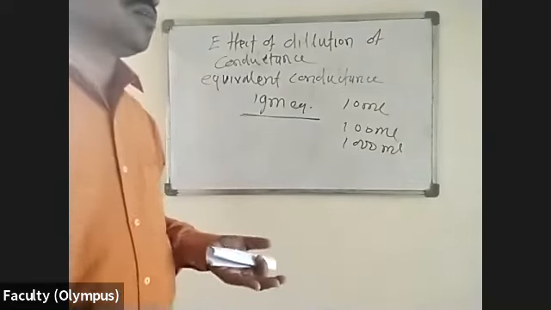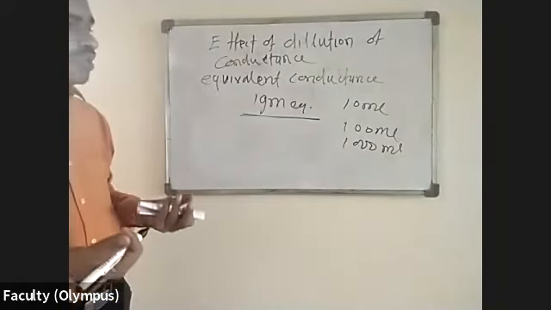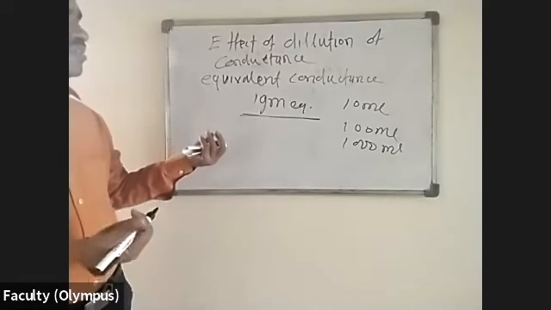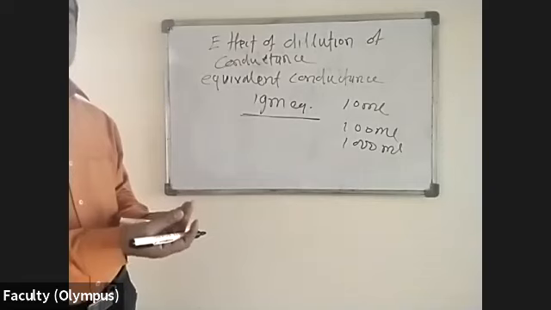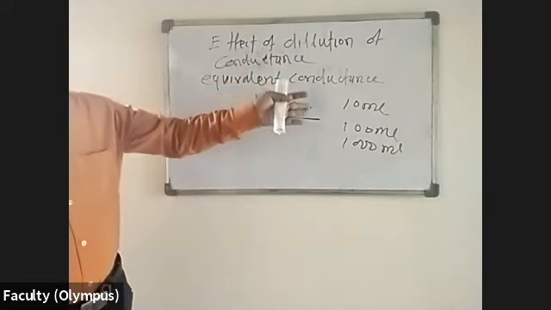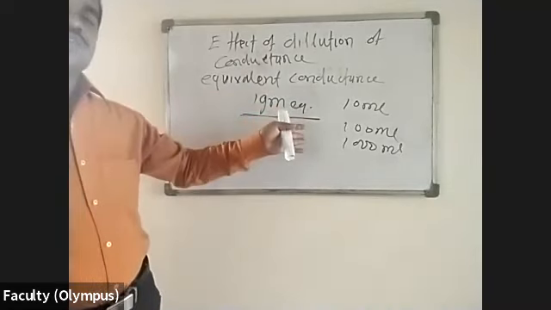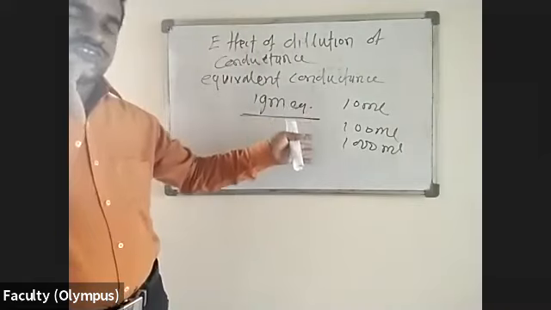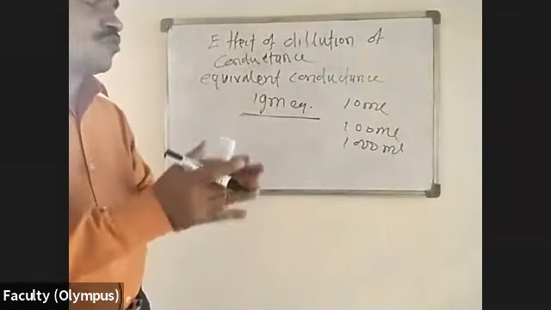Then at that condition, what? Still the equivalent conductance increases up to some extent. A very small increase is there because the frictional forces and the relaxation effects become less. Because of this, there is a very small increase, or we may say it is nearly constant.